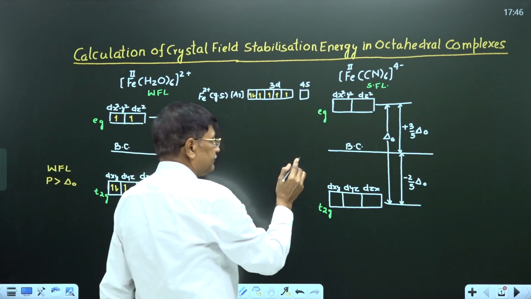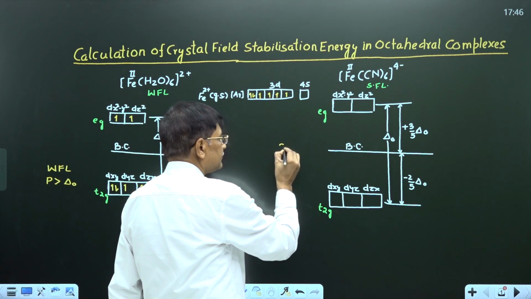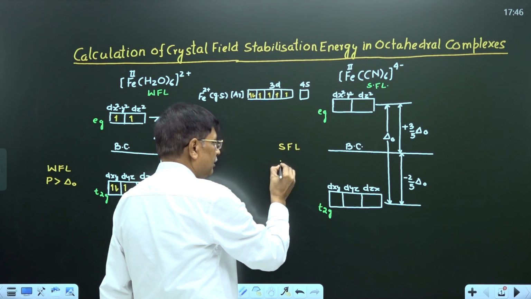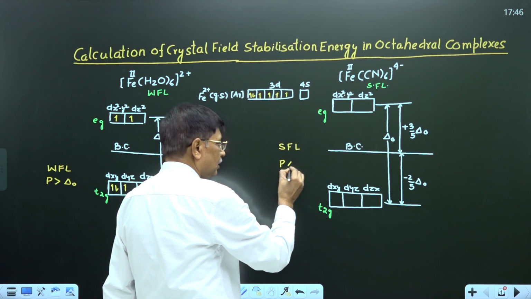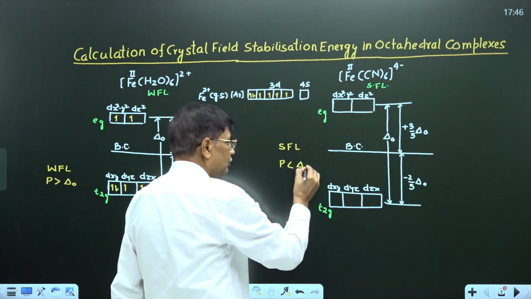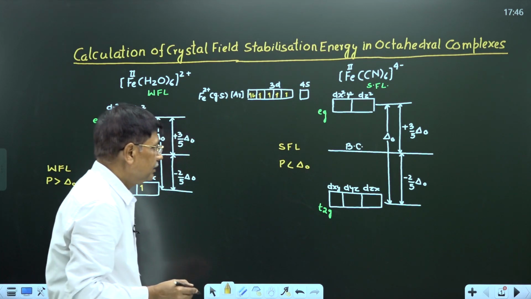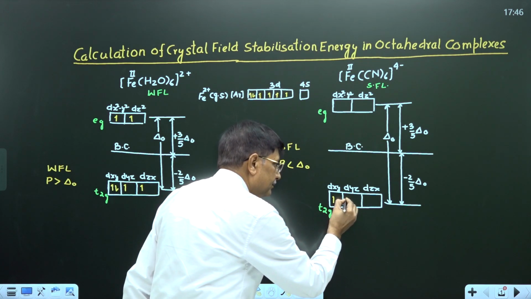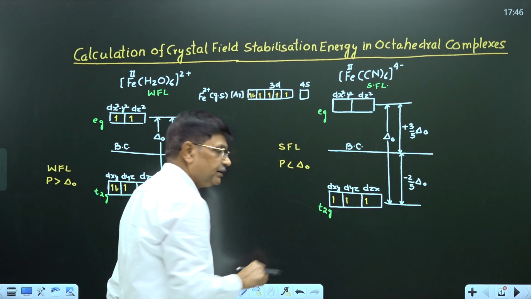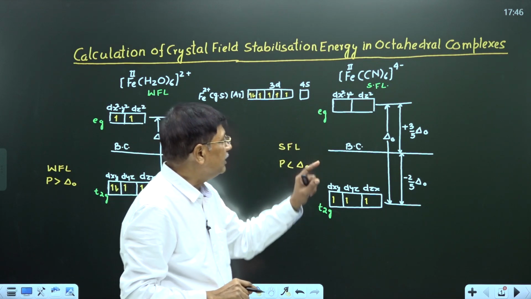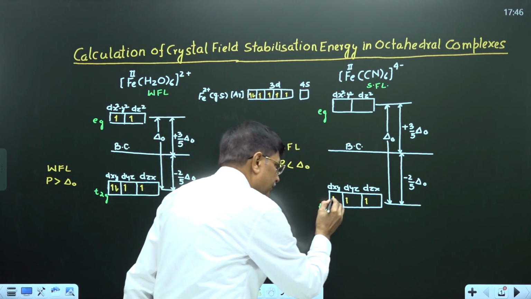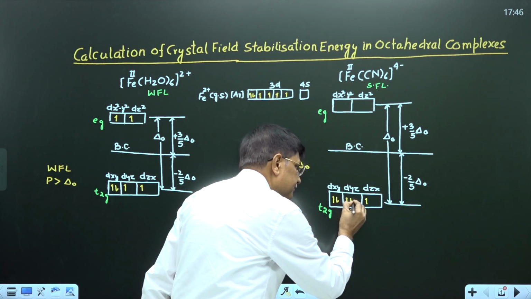This is a case of strong field ligand. In strong field ligand, mean pairing energy P of electron will be less than delta O. So in this case, first electron, second, third, obviously the fourth electron will not enter into the Eg orbital, rather it will pair up in T2g orbitals.